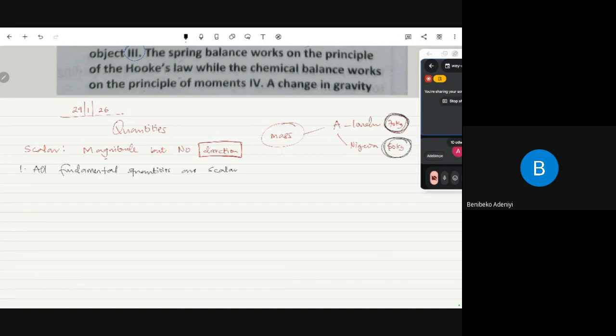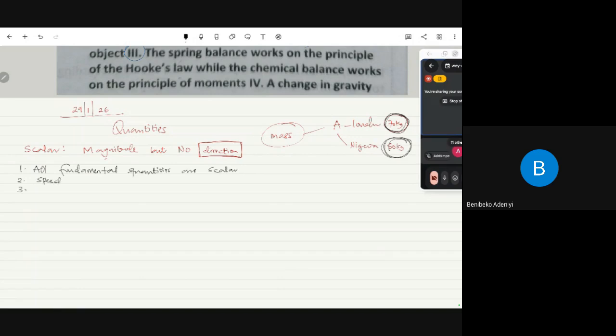Now, other examples that JAMB is going to use to confuse you, I'll bring them now, but I'll not explain them now. Number 2, speed is scalar.